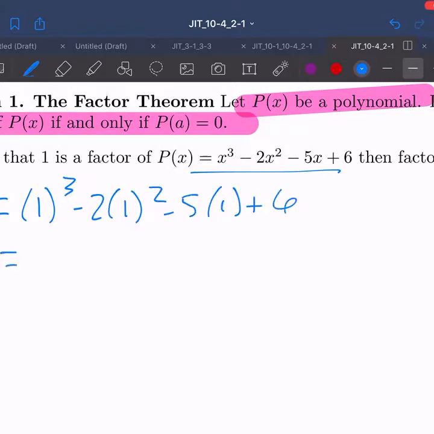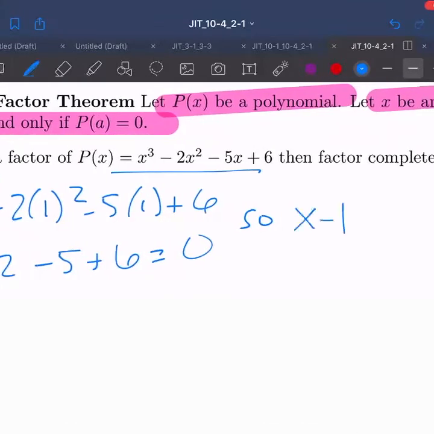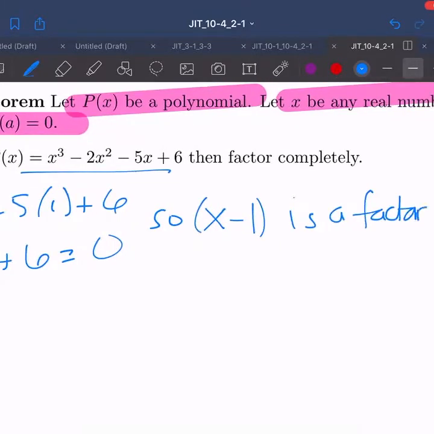So 1 minus 2 minus 5 plus 6, which should equal 0. Okay, so x minus 1 is a factor of our polynomial.